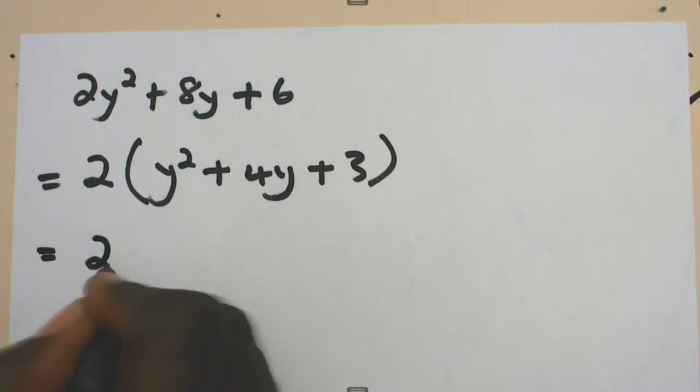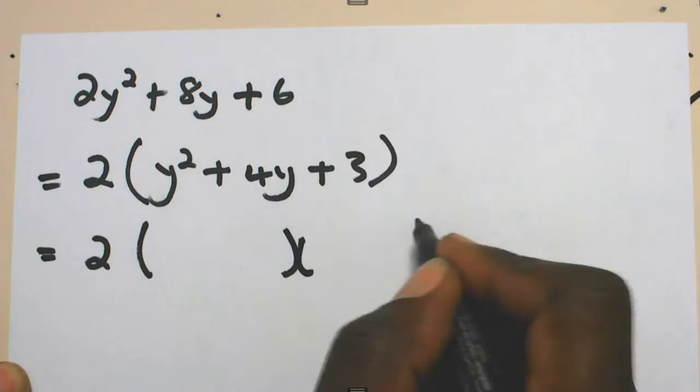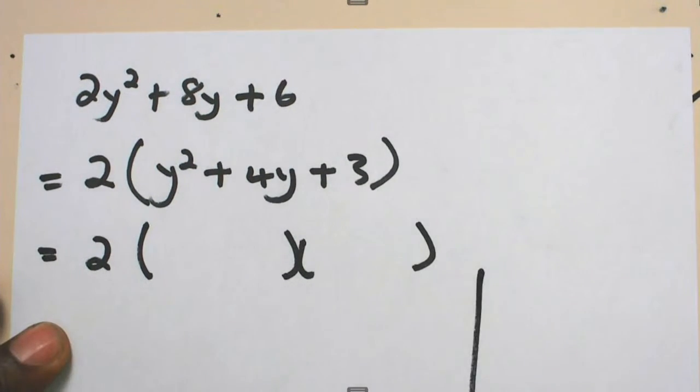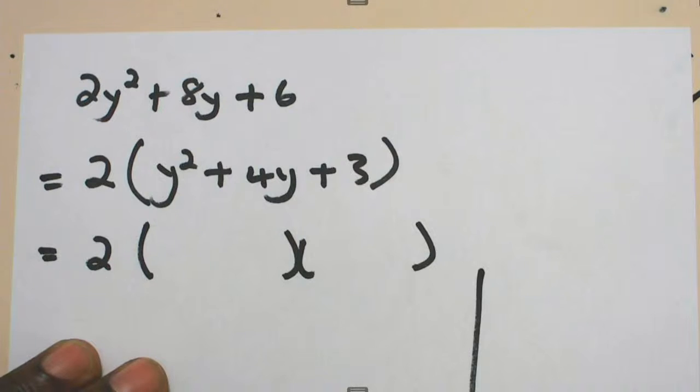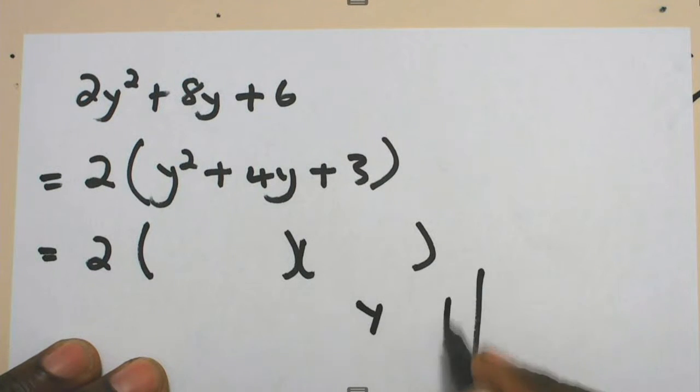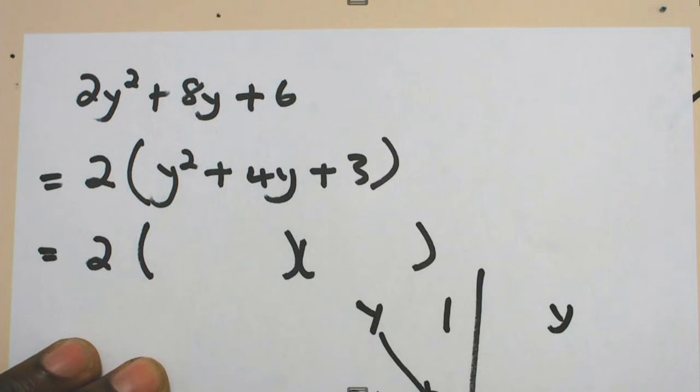It will be 2 into 2 brackets. And then remember the table. y, 1 and y, 3. When you multiply this, you get y. When you multiply this, we have 3y. When you multiply this, we have 3y. When you multiply that, we have y.